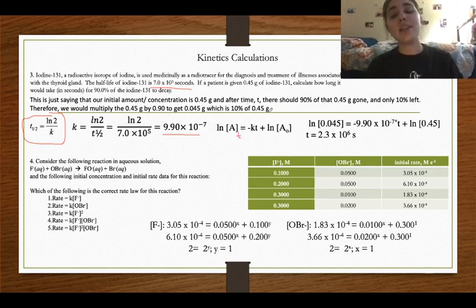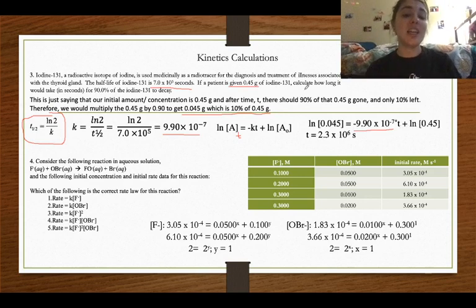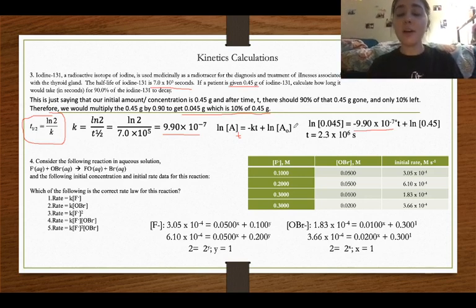So then I know that that's going to correspond to the 10% part of the 0.45 grams. So I know that this is where I'm going to plug in my 10%, equals the k value that I just calculated, t that I'm going to find, plus ln of the initial, which is, again, what the patient was given, so I know that's my initial concentration or mass. And then when I plug all this into my calculator, I get the seconds.